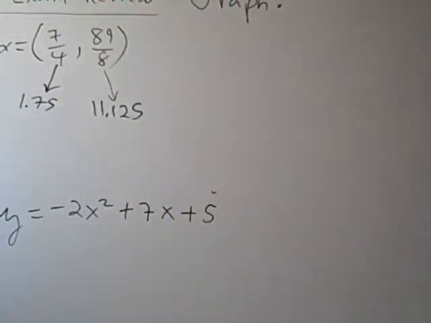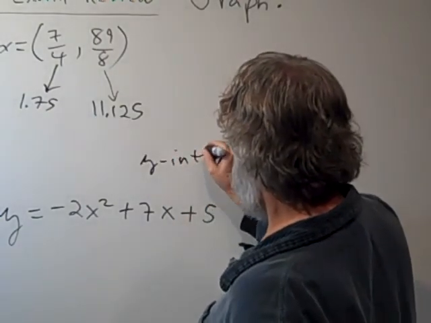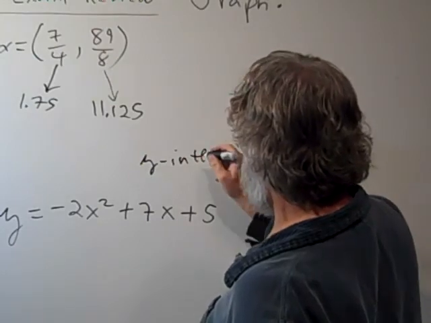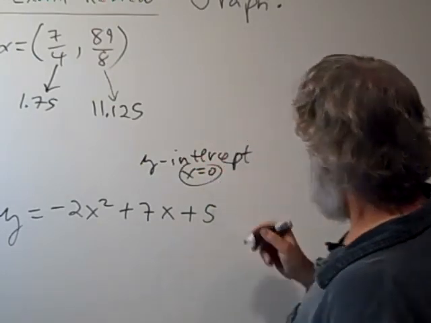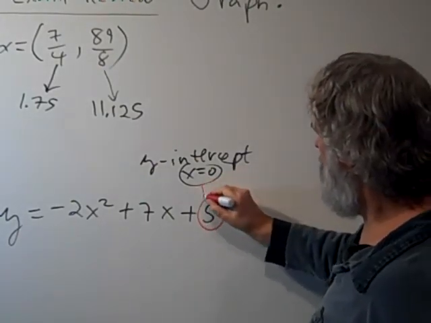So you can see approximately what those are. Meanwhile, the y-intercept, remember that means that x is 0. The y-intercept is given by the constant term here, 5.